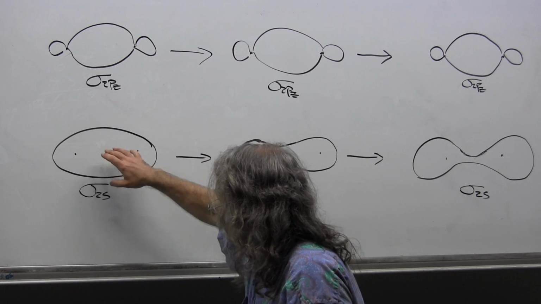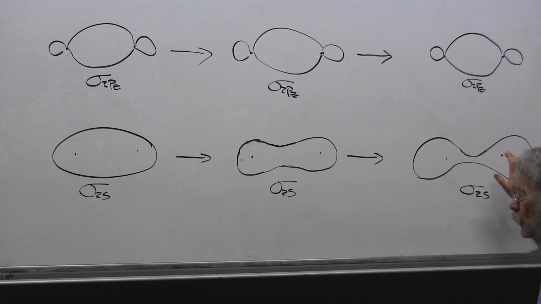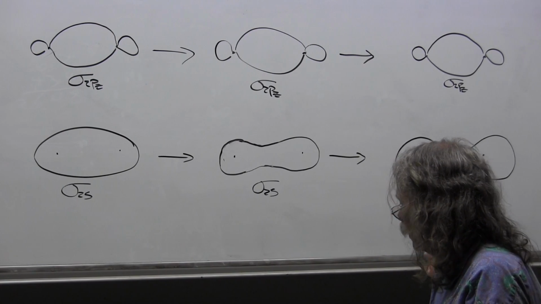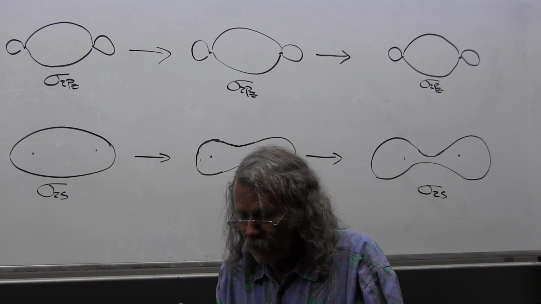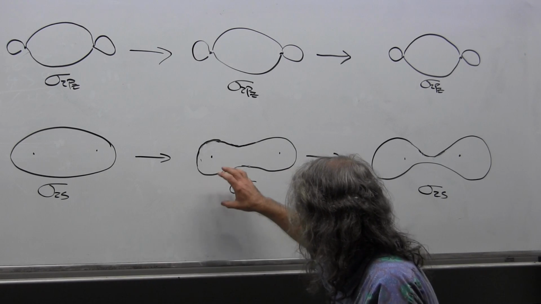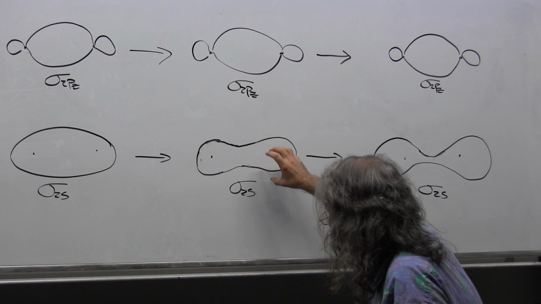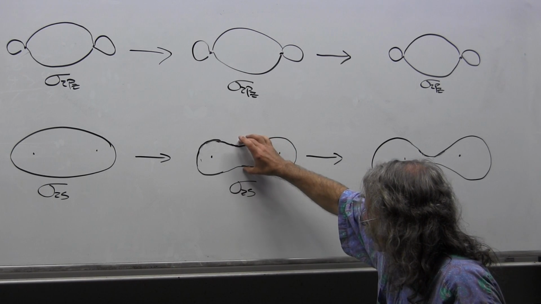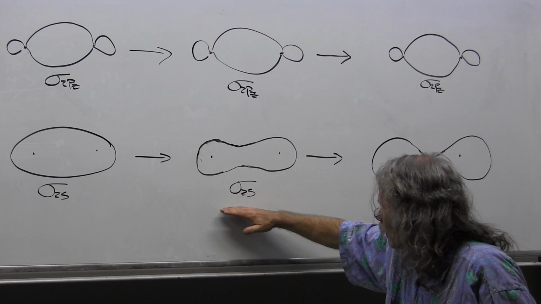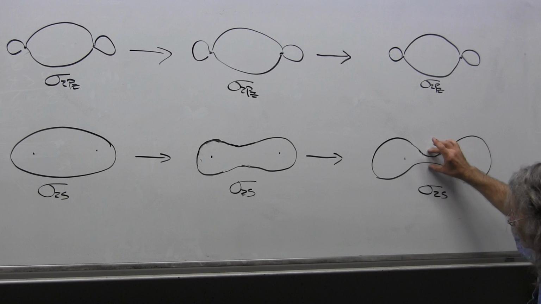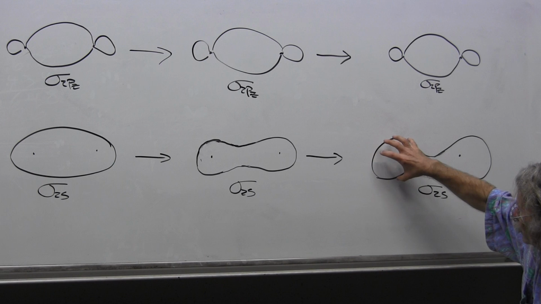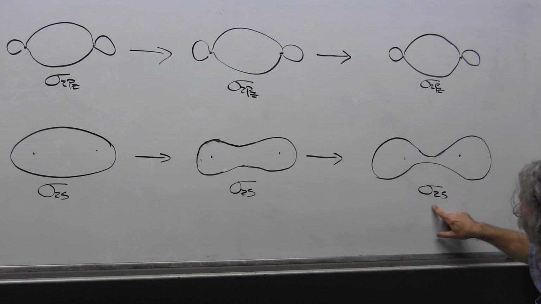Now, as we proceed across the periodic table, due to the increase in electronegativity as we proceed across a row, the electrons are held more tightly, and with the s electrons in particular, there is less electron density localized in the region between the nuclei, and it's more localized on the atoms, and we eventually end up with an extreme case where there's very little as we get to the right-hand side of that second row. And so it's more localized on the atoms themselves in the sigma 2s case.